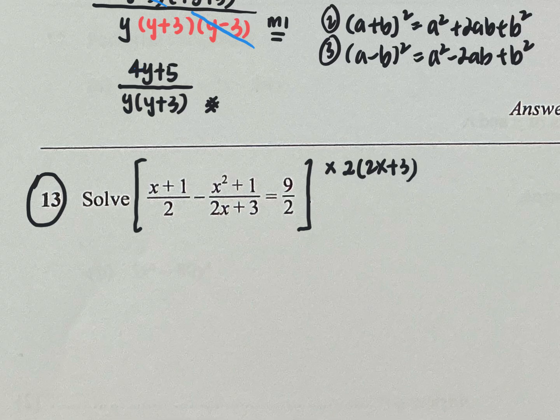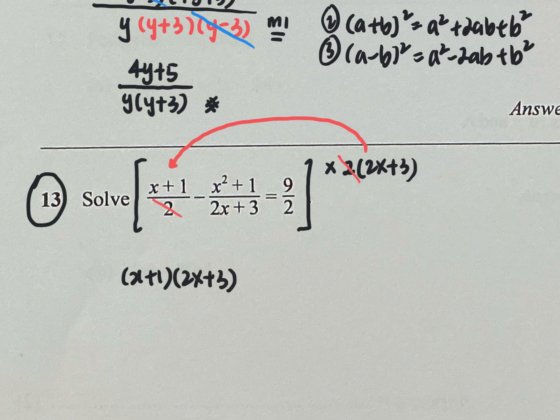That means if every denominator has 2 and 2x + 3, I will get rid of all the denominators. So I'm going to multiply this first one by this. Can you see that the 2 cancels out? And I'm just left with x + 1 and 2x + 3.